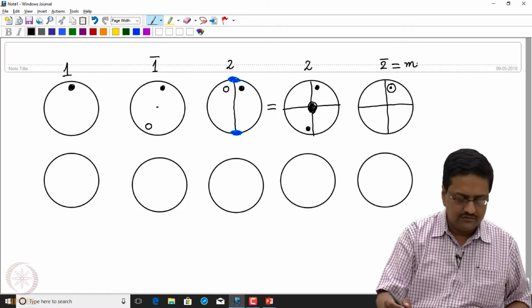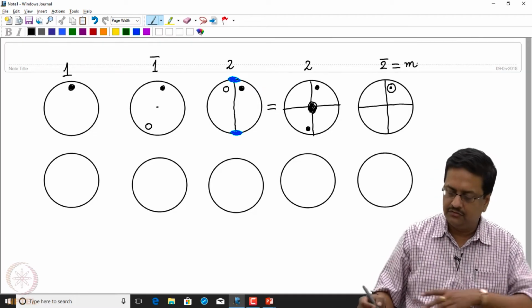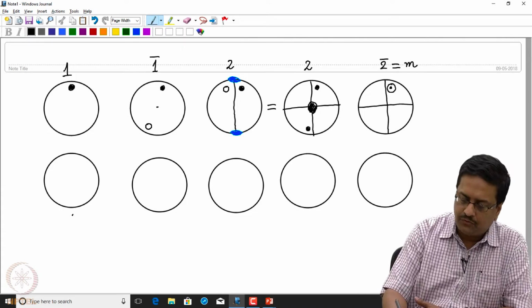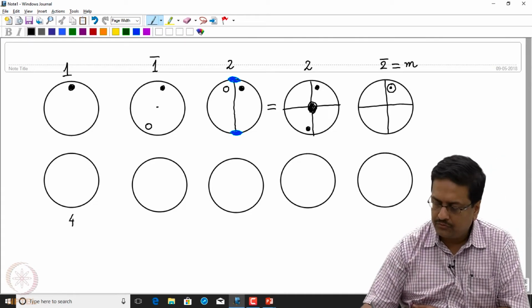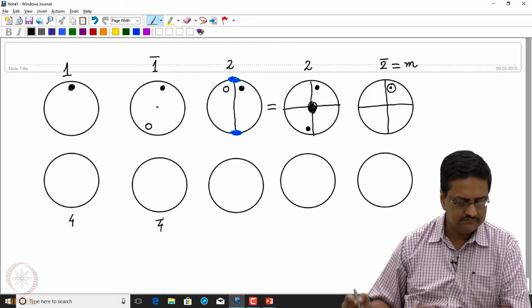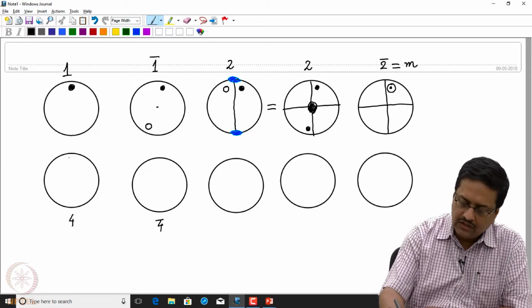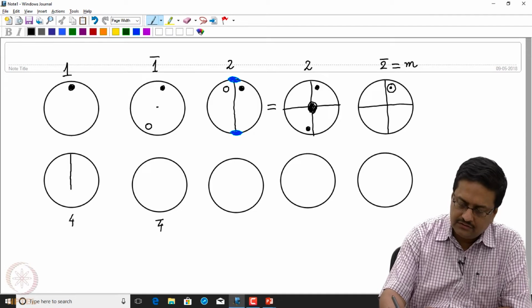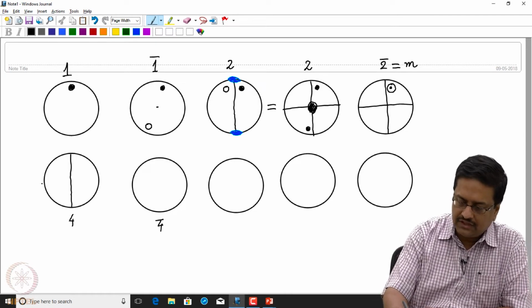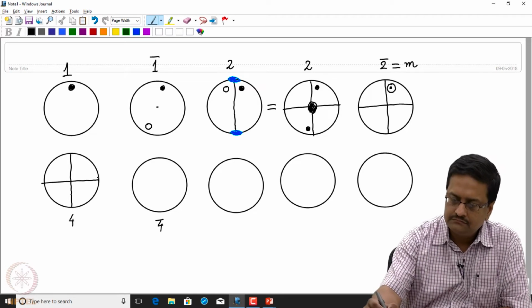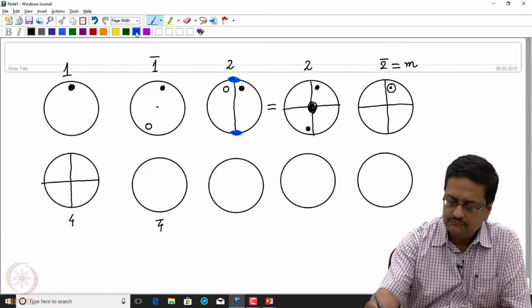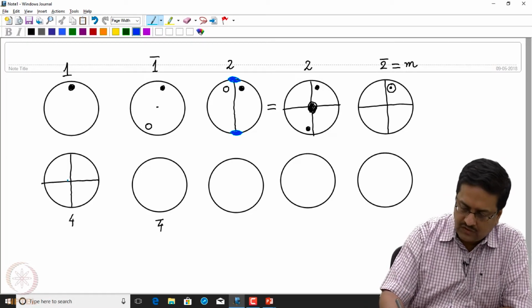Now, let us see the point groups 4 and 4 bar one after another. When we say a point group 4, it indicates that it has a 4-fold axis of symmetry at the middle.